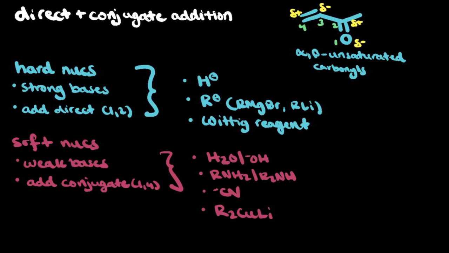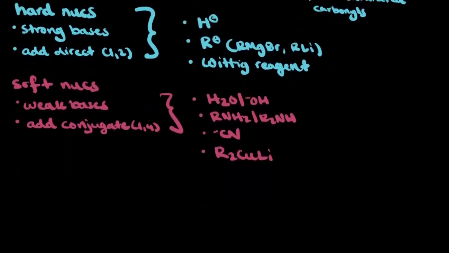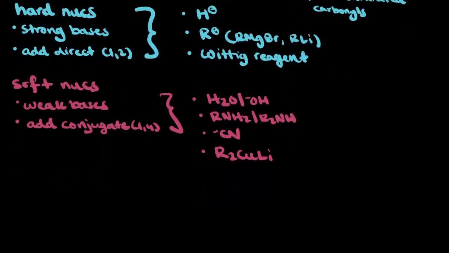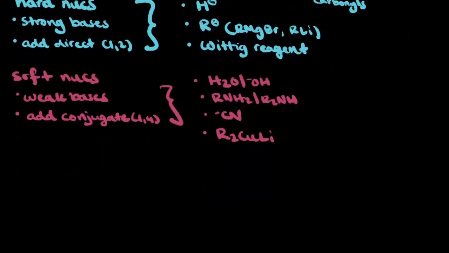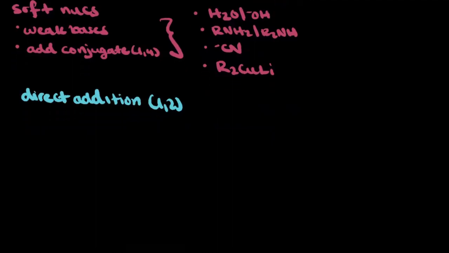Right? Now, I will stop by drawing a sample of the mechanisms for both. Very similar, but there are some things to keep in mind for both, okay? So for direct addition, the mechanism is as follows. Let's say I start off with my alpha beta unsaturated carbonyl.